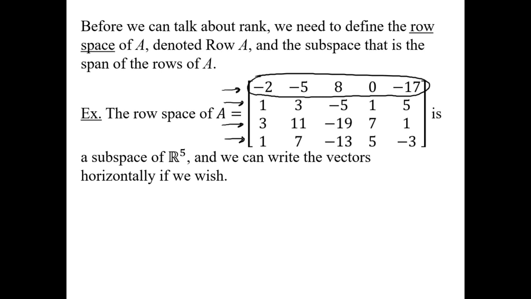As I said, there's nothing wrong with writing vectors horizontally. It is also worth observing that the row space of A becomes the column space of A transpose. I don't think that's all that useful information, but notice if you just took A and wrote its transpose, all the rows of A become the columns of A transpose. And so we have this relationship.